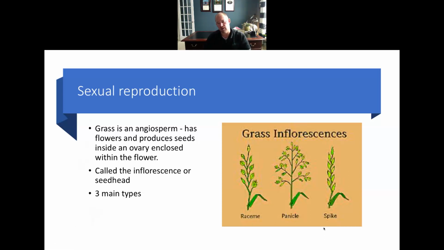Okay, they all kind of look very similar. Okay, the difference would be basically the spike. You have the little flower. This would be an individual flower off of the spike. It forms very closely, or has a very short petiole that is very close to the actual stem. You have a panicle, and where you see that we have these florets, just like in your floral types.